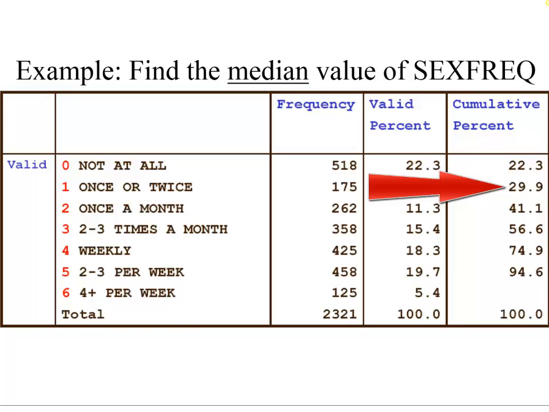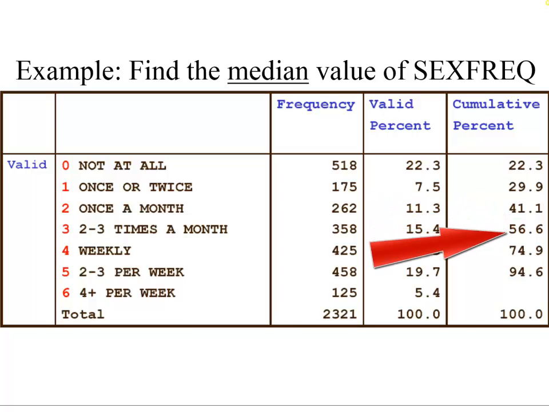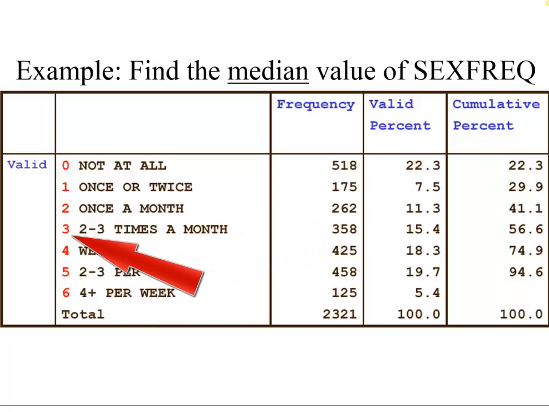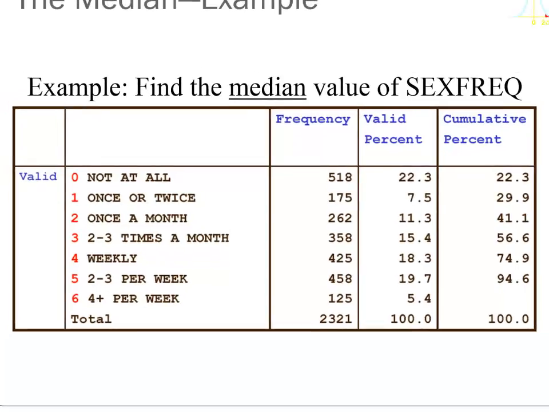But if we keep reading down that cumulative percentage column until we get to, in this case, 56.6, we can see that that's the first interval, the first response that exceeds the 50th percentile. And just reading across the table and making a quick estimate here, I'm going to conclude that the median sexual frequency per year is about 2 to 3 times per month. Note that I didn't use the value 3, which is the number stored in the computer, because 3 has no meaning except to the computer. To us, it's the 2 to 3 times per month.